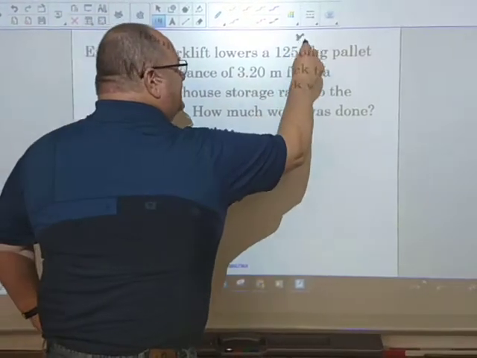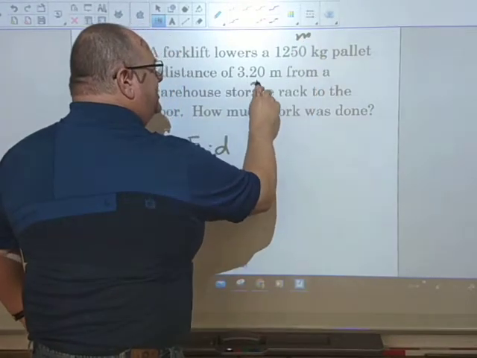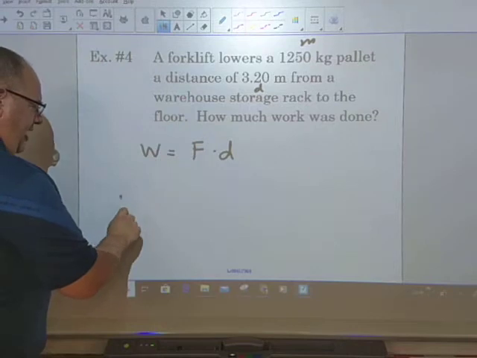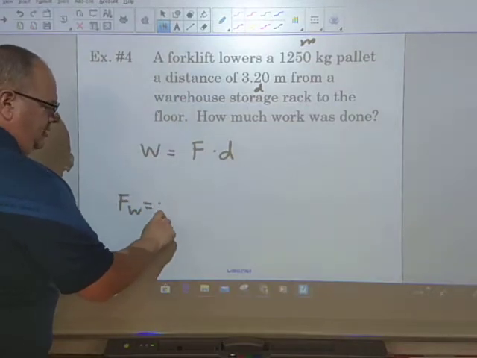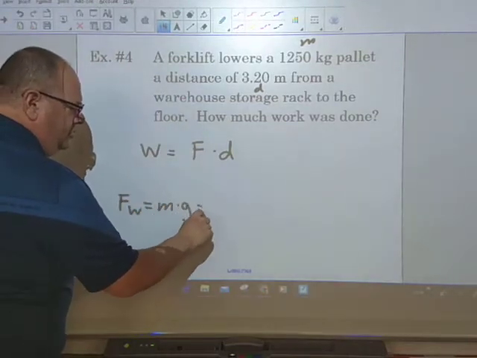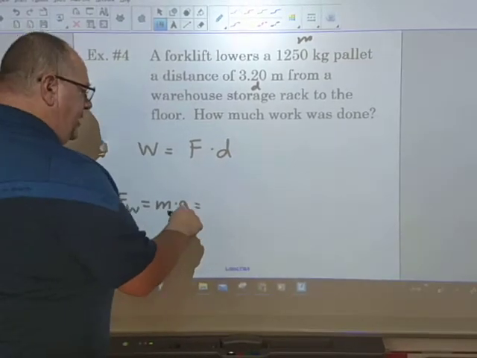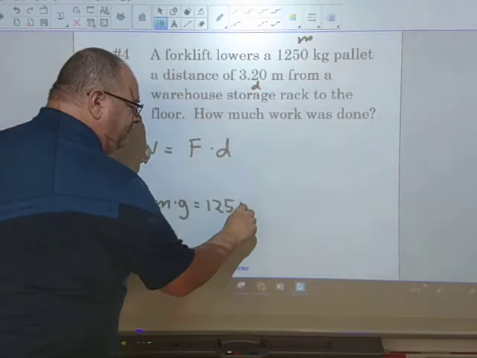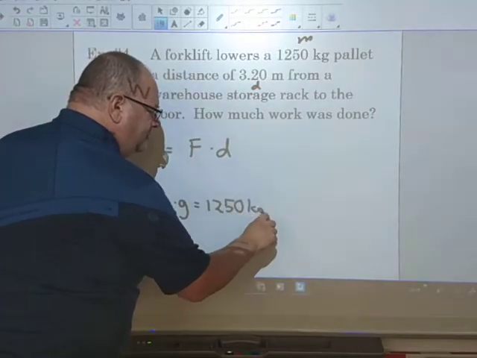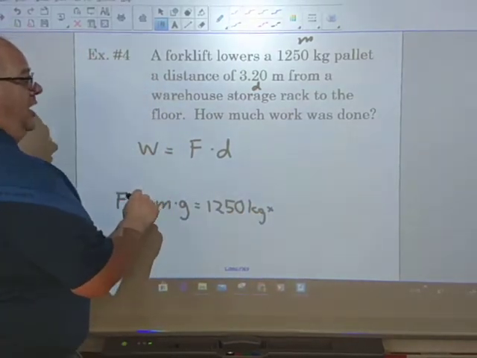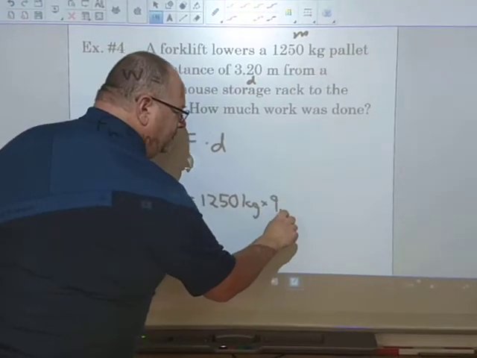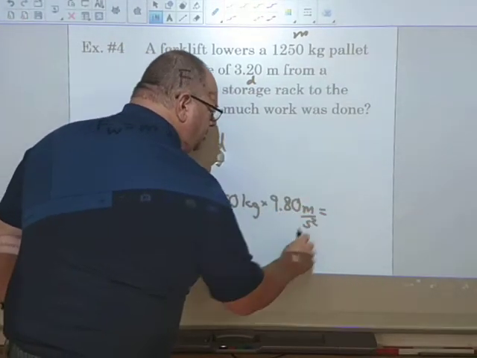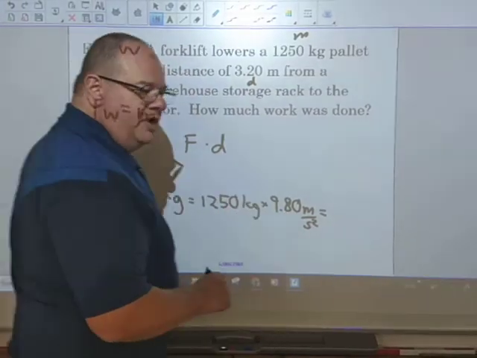I have a mass and I have a distance. So I guess I'm going to find my weight, which is m times g. And so my mass was 1,250 kilograms. And g is 9.80 meters per second squared. Kilograms times meter per second squared is newtons.